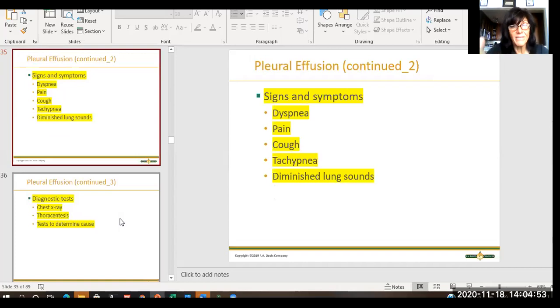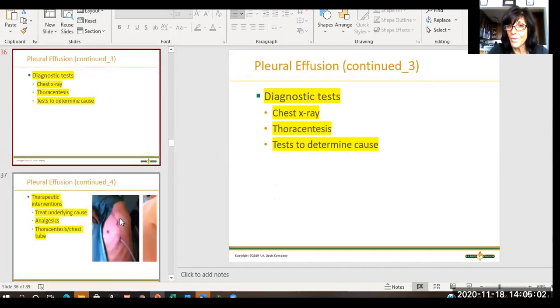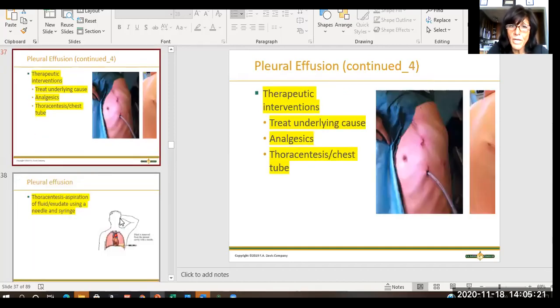Signs and symptoms, dyspnea, pain, cough, tachypnea, rapid, shallow breathing, diminished lung sounds. You can do a chest x-ray, thoracentesis, which is where they'll take a needle into the pleural space, right through the ribs, and draw out whatever's in there. Is it fluid? Is it pus? Is it blood? Get it out. And of course, we have to figure out what caused that pleural effusion, okay?